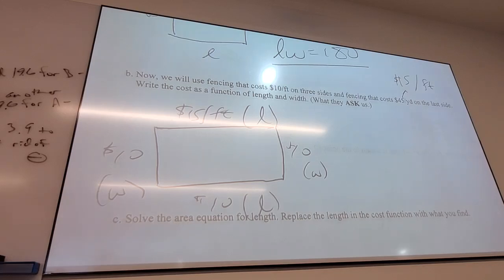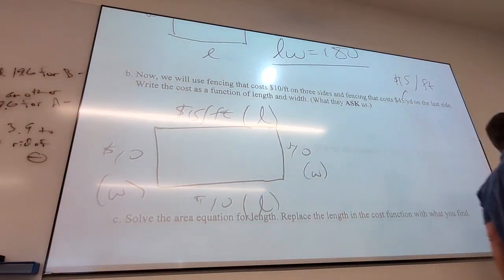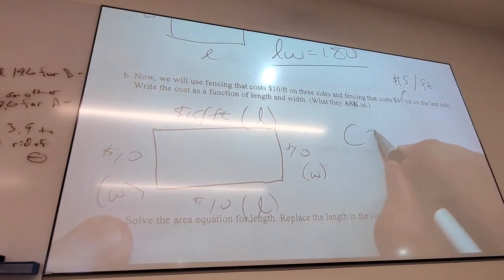What do you think my end goal is going to be? When it's cost, what am I going to want to do with that? I'm going to make the cost the highest, yeah? No, of course, I want to make the cost the lowest. I want to figure out the minimum cost to make this work, yeah? So the cost function is what again?